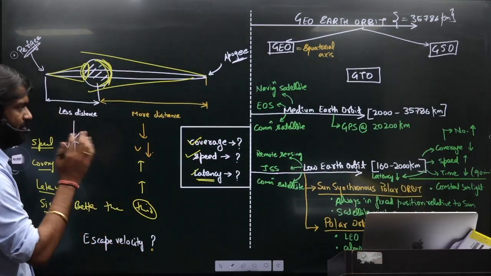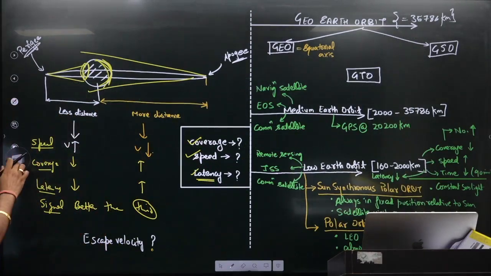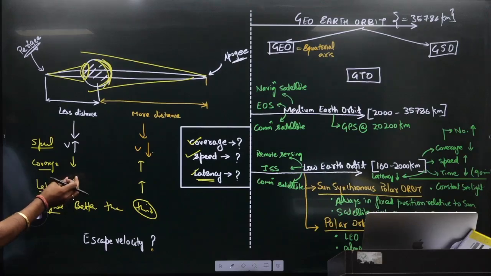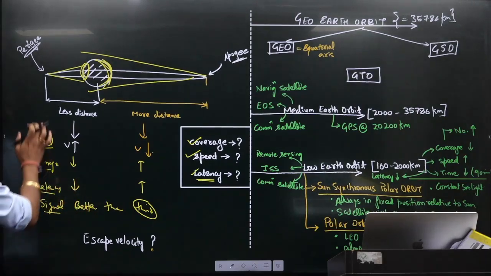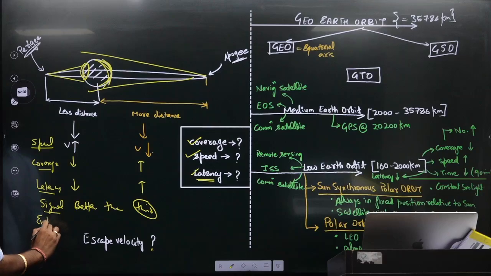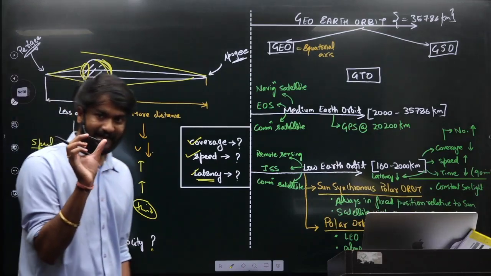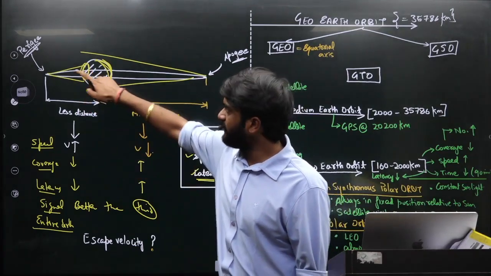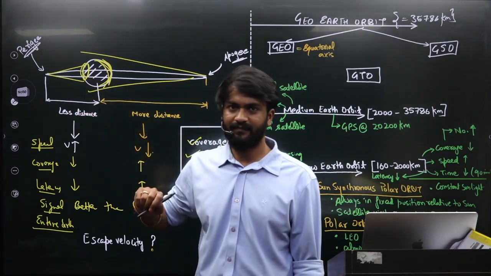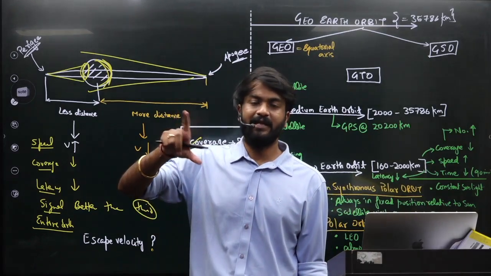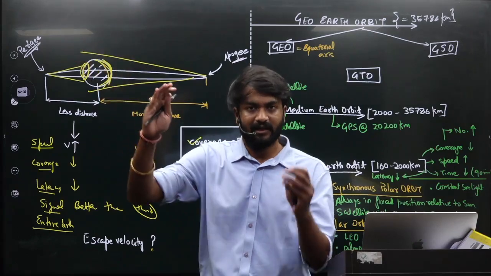Let's get back to the orbit. So in orbit we realize that whenever the distance is less, speed will be more, coverage will be less, latency will be less, meaning better signals will be there. But what if I want to cover the entire earth? Since the coverage of a single satellite is decreasing, don't you need multiple satellites to cover the entire earth? If it is in a lower orbit or if it is a lesser height, you need more number of satellites, and if it is a much higher height, you need less number of satellites.